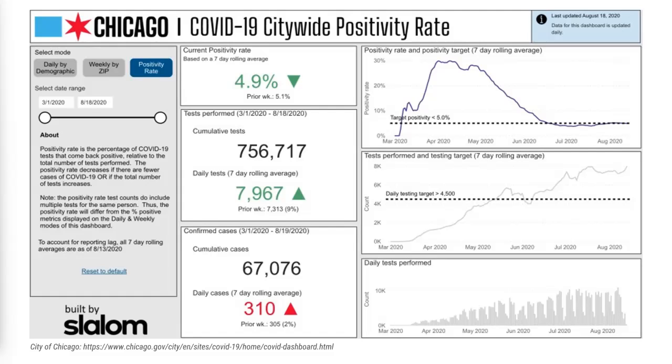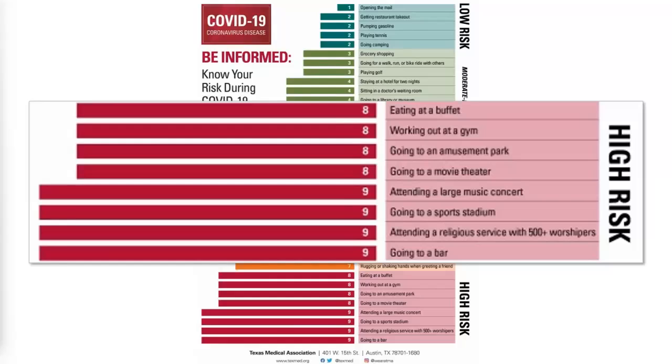So let's, in contrast, look at a different chart that was put together by the Texas Medical Association. I know it's kind of hard to see, but you can see going from low risk to high risk, they rate a bunch of different activities of daily life. So I zoomed in on the high risk areas, and using data, they put together this graphic to inform the public on their risk levels and knowing the risk during COVID-19 and how they can translate into their daily life.